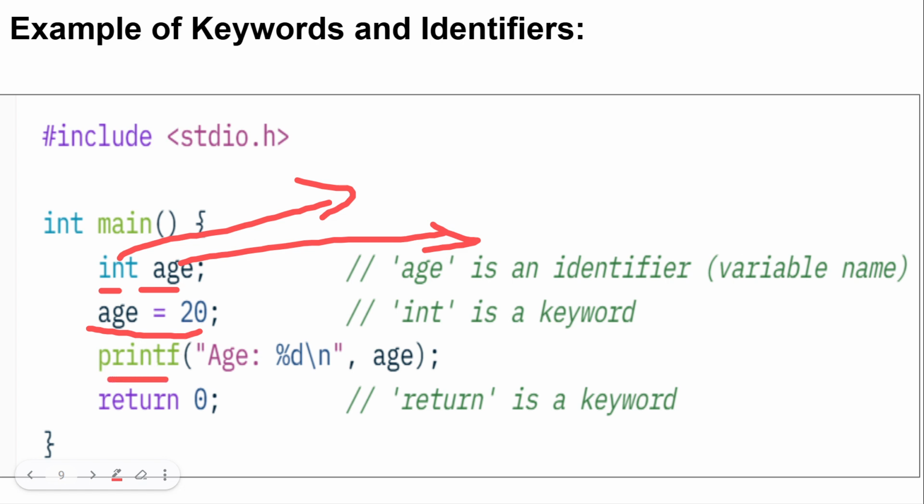Now I will store an integer value in age and print it with %d, because age is an integer type. I will use the format specifier %d to print integers. Then you can see return 0; here return also has a specific meaning, and for that reason we call them keywords. So this is a small example to understand keywords and identifiers.